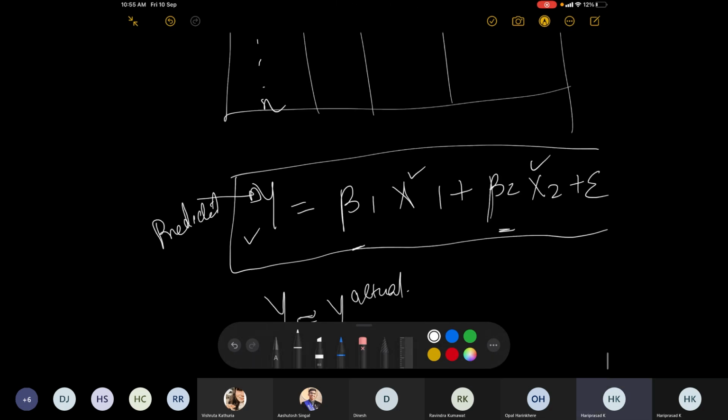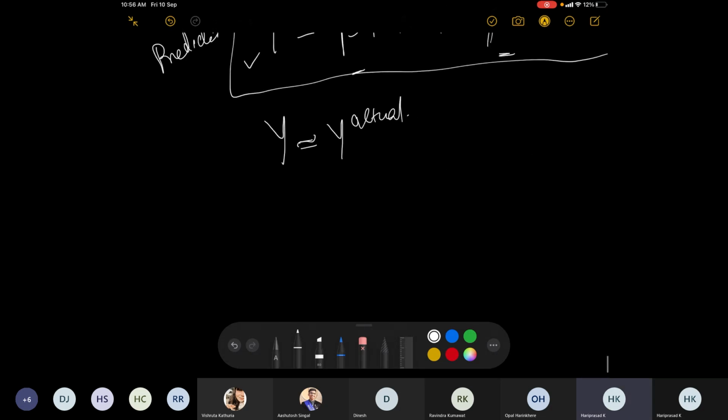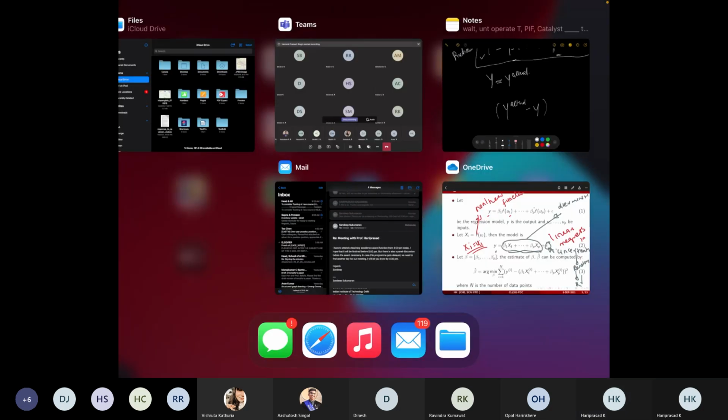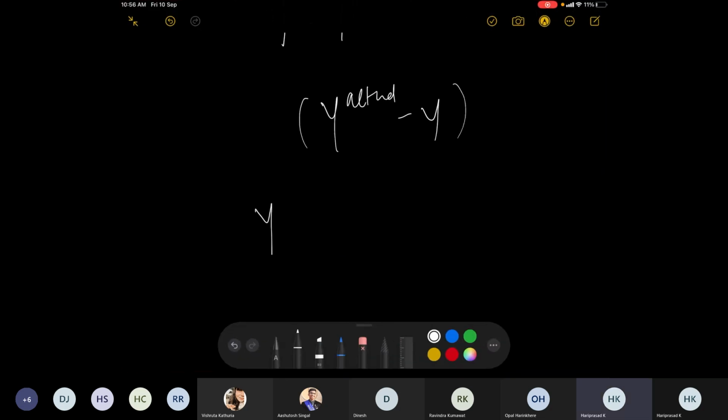So this model prediction error with respect to the actual variable has to be minimum, which essentially means you are minimizing Y actual minus Y. Y actual is obtained from your measurement, and Y is your beta 1 x1 plus beta 2 x2.